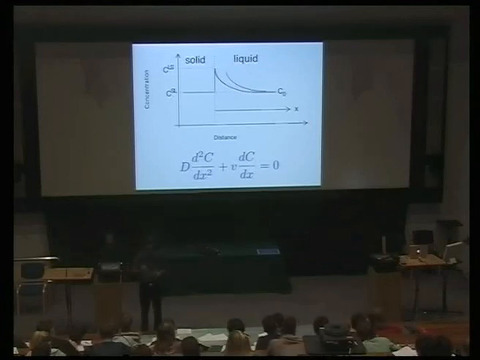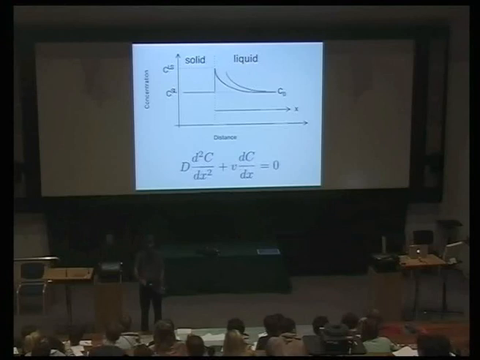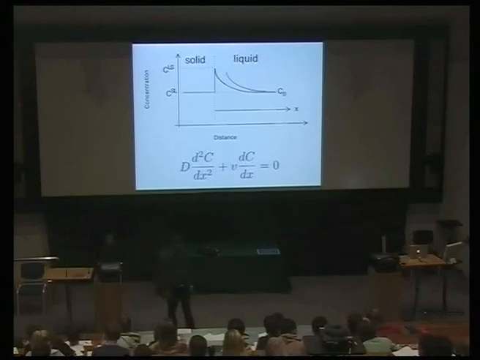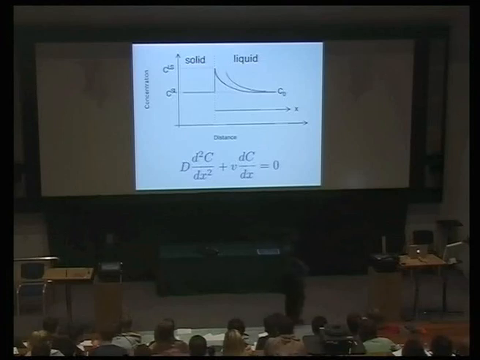The first is that as the interface moves, the whole of the profile is being displaced. And the second is that you've got diffusion happening, given by Fick's second law, because this is not a constant gradient. And these two terms must balance, and therefore that must equal 0. Everyone happy with that? So this is the basic equation that we have to solve to derive the velocity as a function of all the other terms.